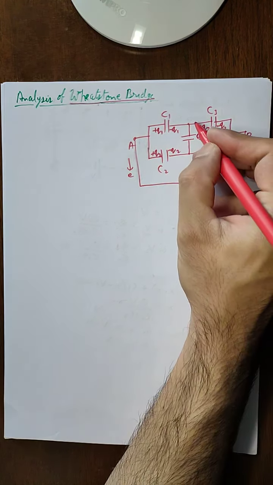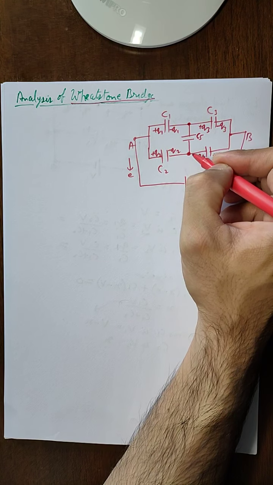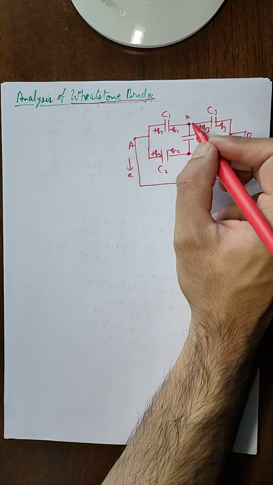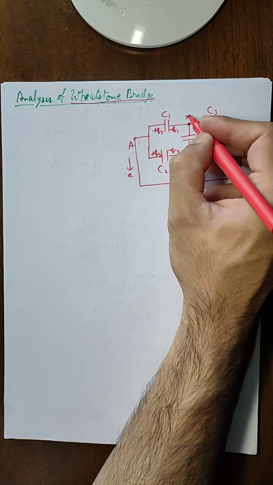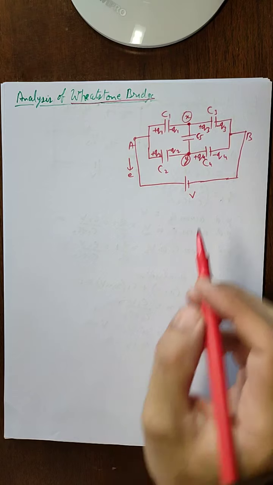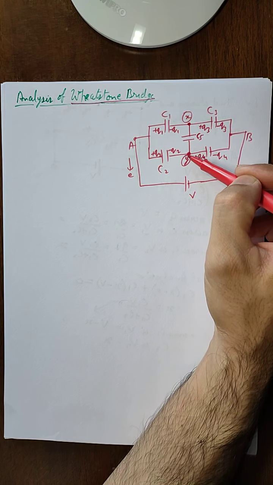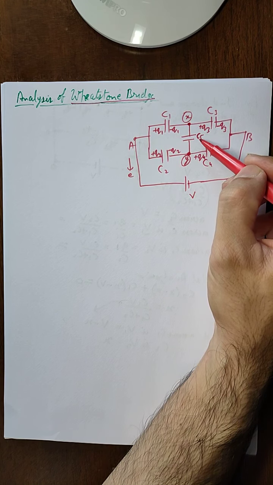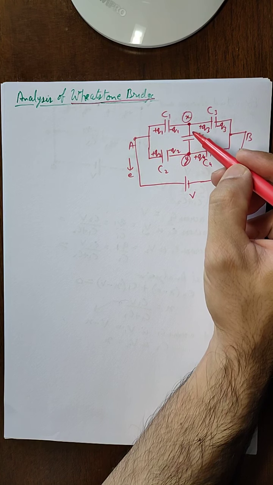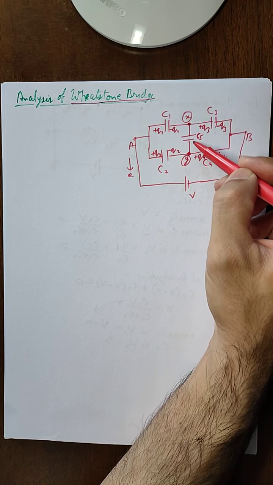Now depending on the circuit we will have two nodes. In a Wheatstone bridge we will have two nodes. Let us say the potential on these two nodes is X and Y. Now on the value of X and Y, the charge on C5 will be decided. Now if X is greater than Y, then the upper plate of C5 will have positive charge and the lower plate will have negative charge.